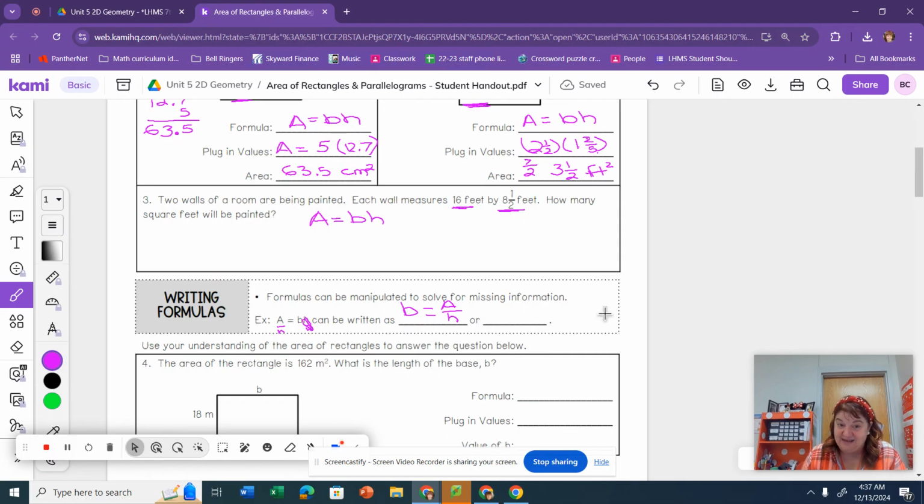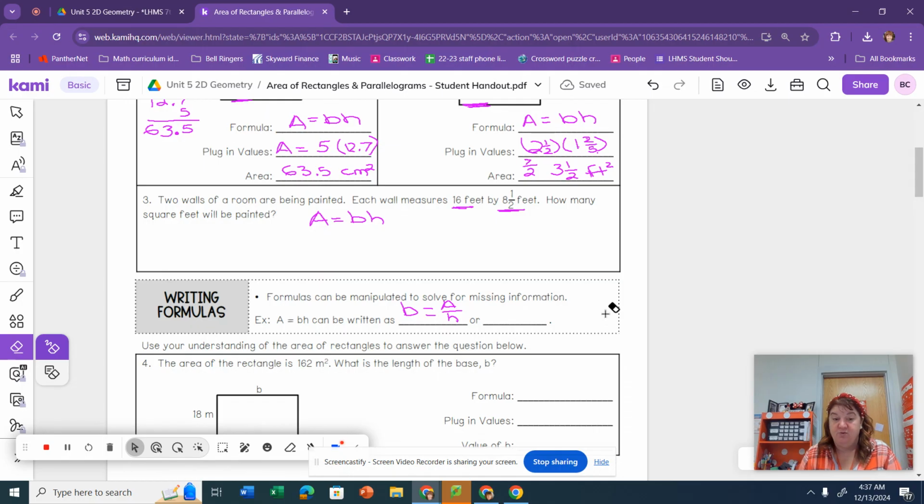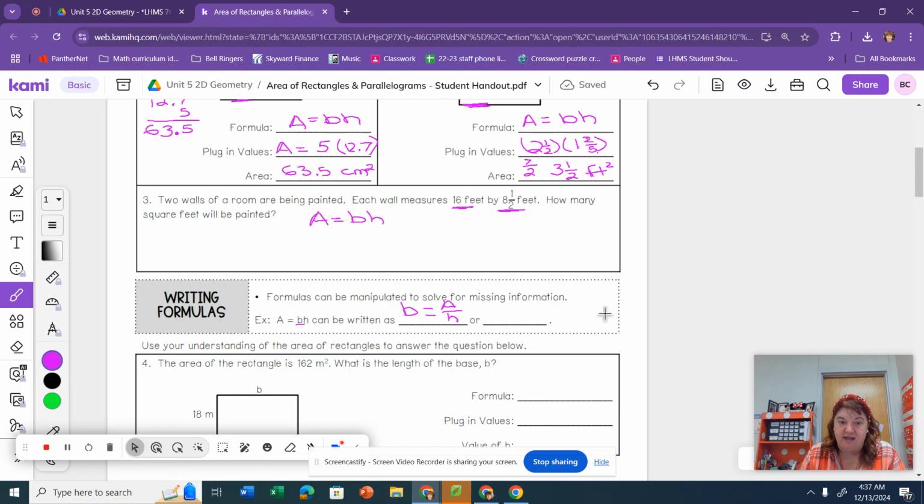Or if you're needing to solve for the height, you would do the other way. You would divide by B, so height can be area divided by base. So you can manipulate them depending on what it is that you're looking for.